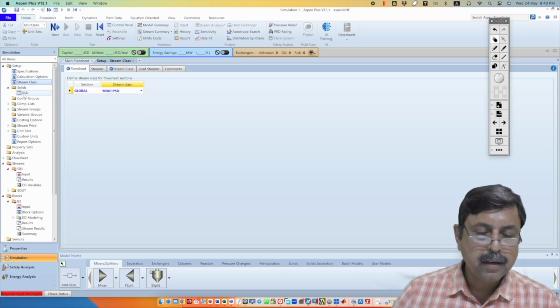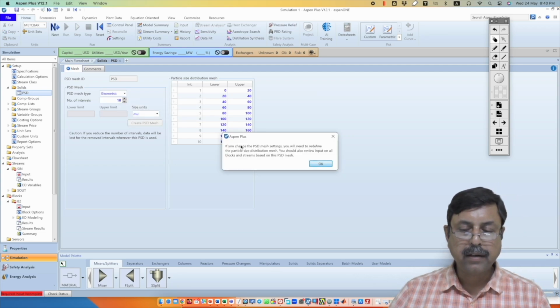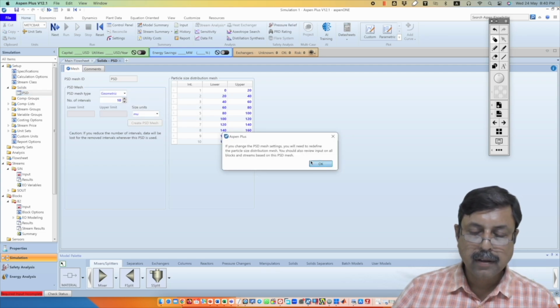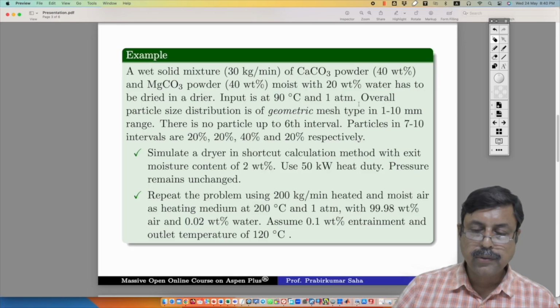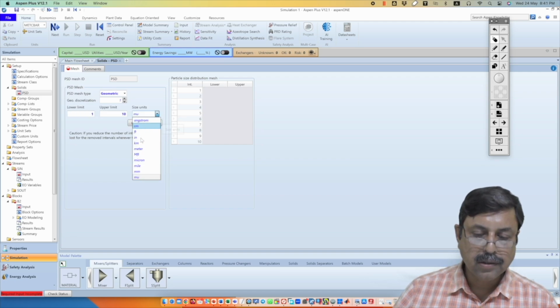And then the solids, it is geometric, right? Let us refer once again. Overall particle size distribution is of geometric mesh type, 1 to 10 millimeter range. So it is 1 to 10 millimeter range.